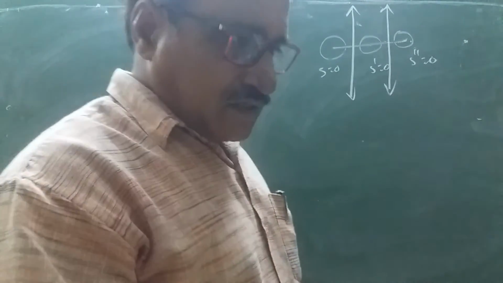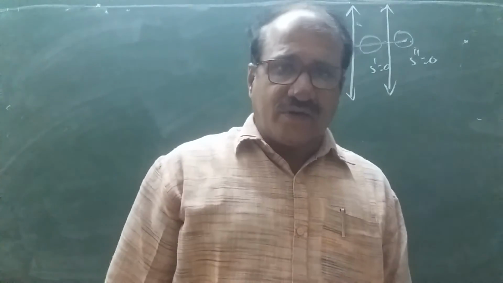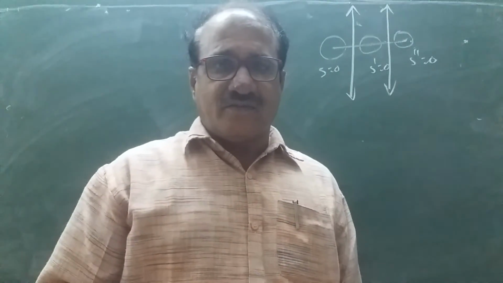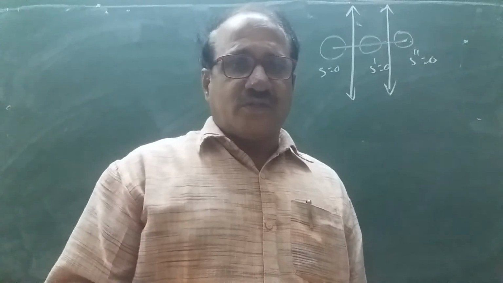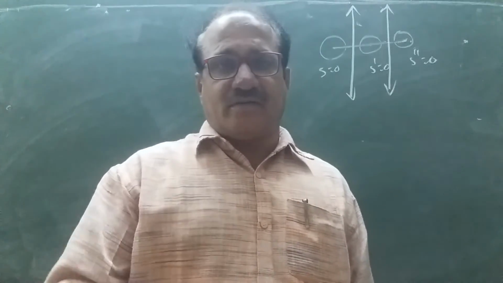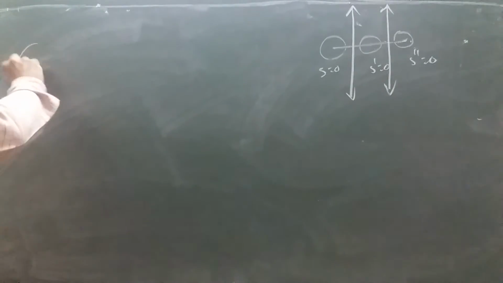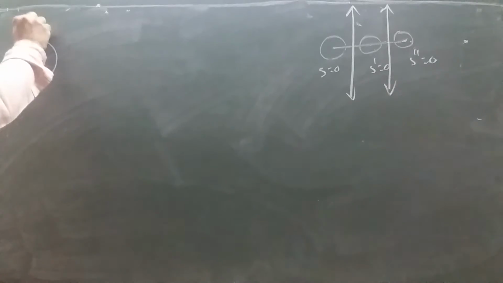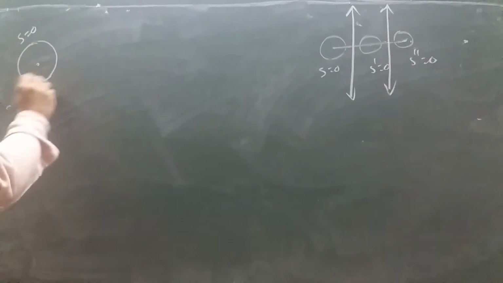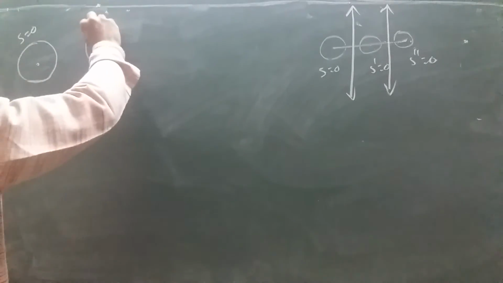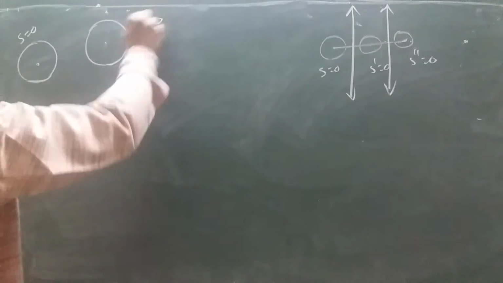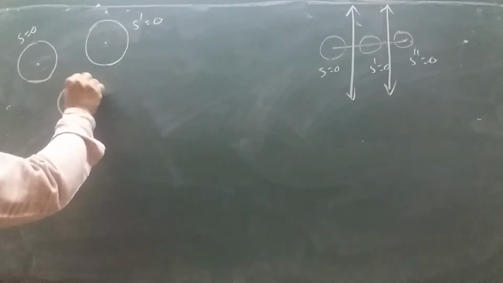Now we will go to three circles whose centers are not collinear points. That means like this. Say this is S is equal to 0, and S dash is equal to 0, and the third one is like this.